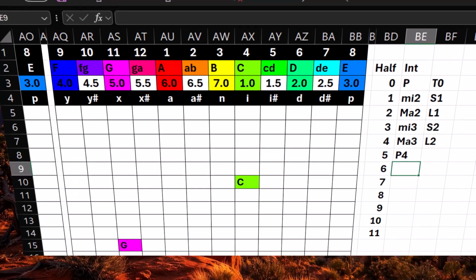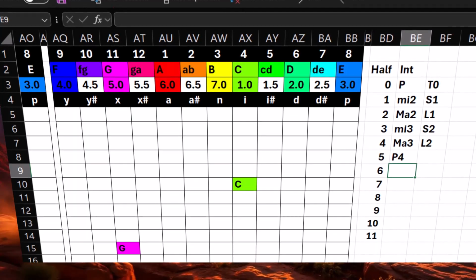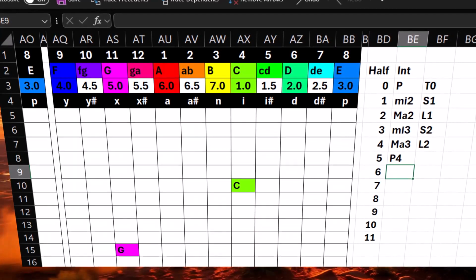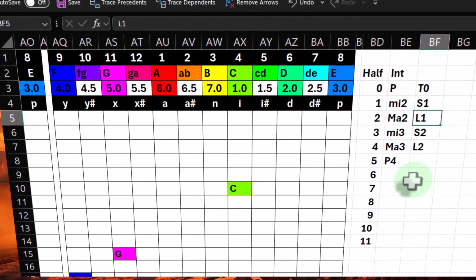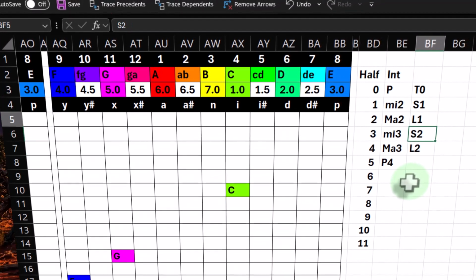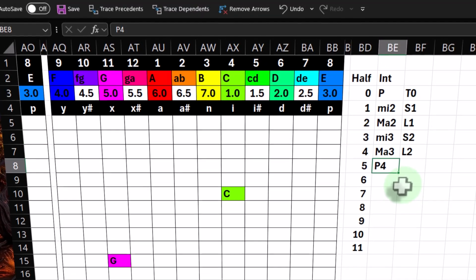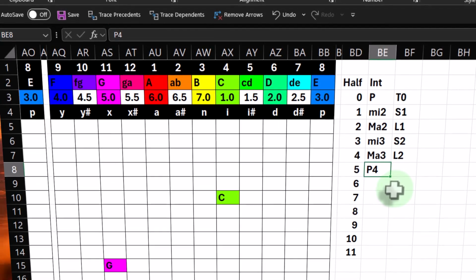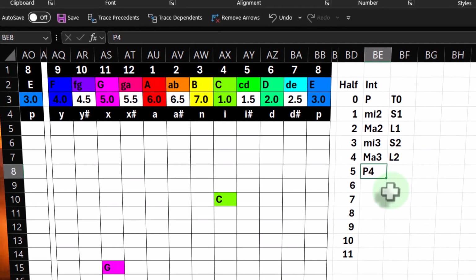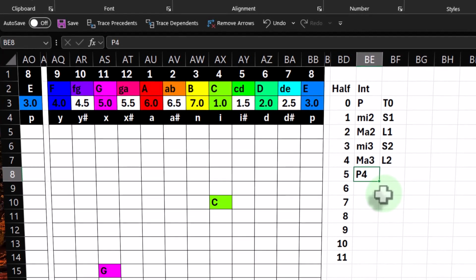Now, that becomes a problem because, okay, why did we go to perfect all of a sudden? Because we had this pattern where the majors ended up being long distances, and the minor ends up being the shorter distance, but now you have perfect. You would think it would be major, but because the 5th is the inverse of the 7th, which was the original perfect interval, it should be perfect.